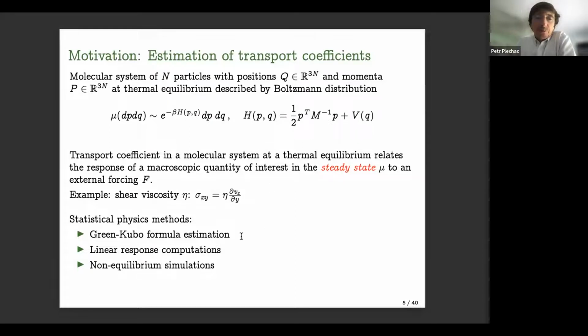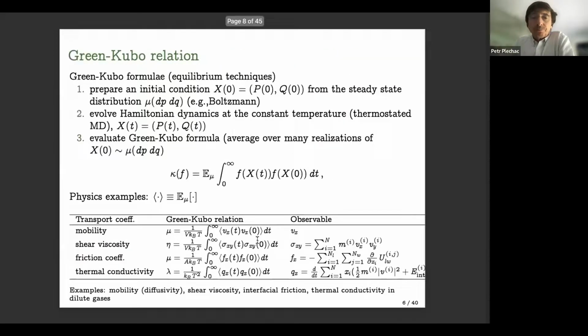And we wanted to also compare this linear response computation based on our sensitivity estimators with the standard method in this industry, which is the Green-Kubo formula or Green-Kubo estimators. So, just a couple of examples.